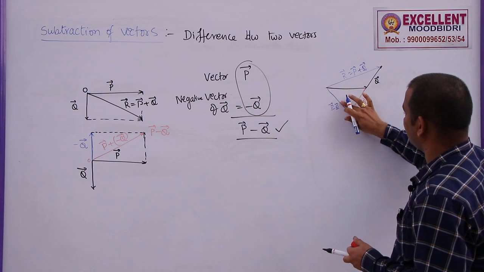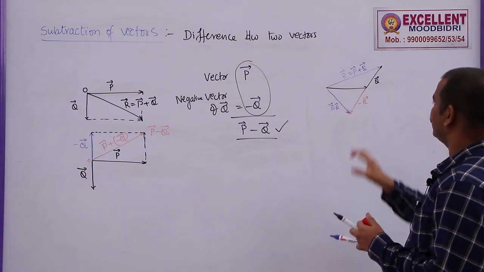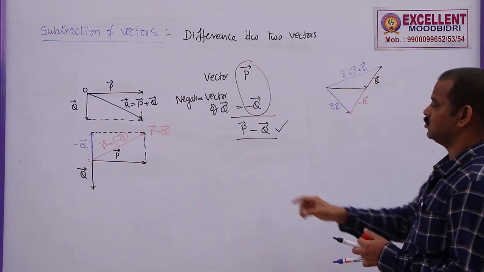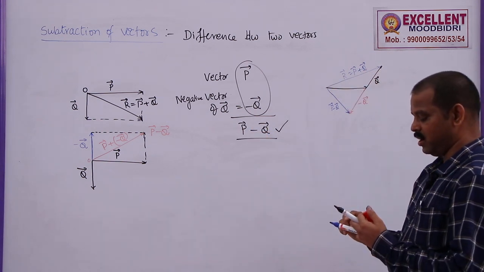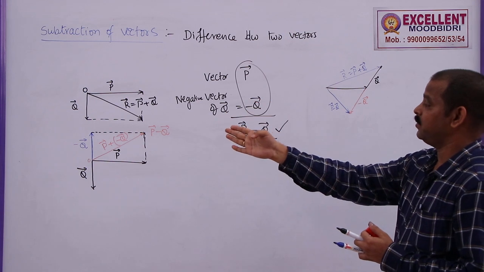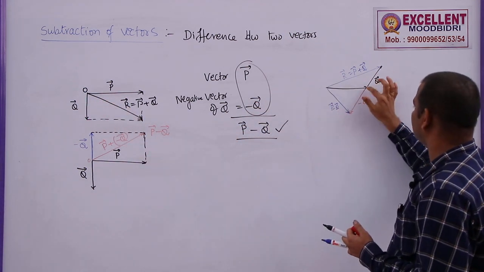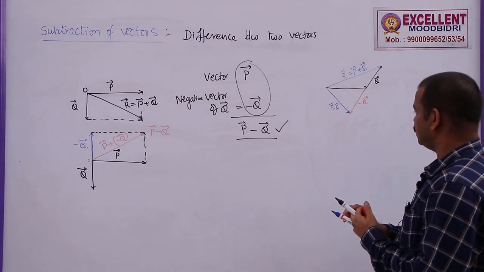I think you got the idea. Here, P plus Q is not equal to P minus Q. That means they are different. Why? Because the angle between these two vectors is 90, and here the angle between these two vectors is not 90. It is different.